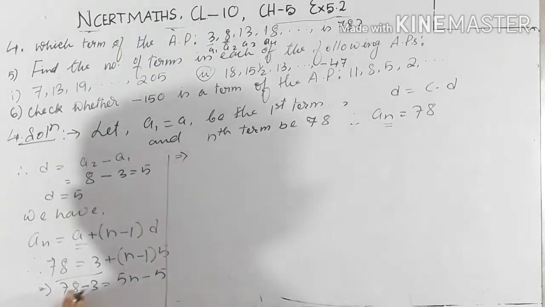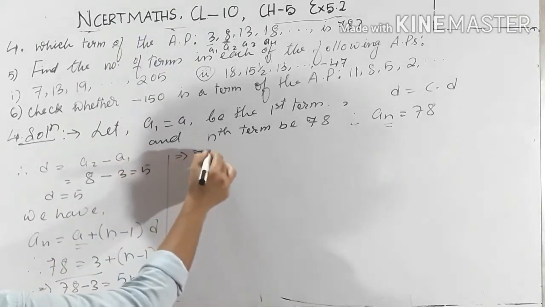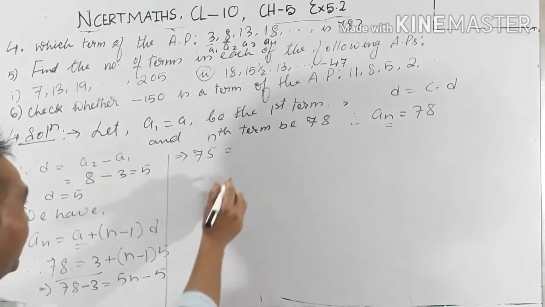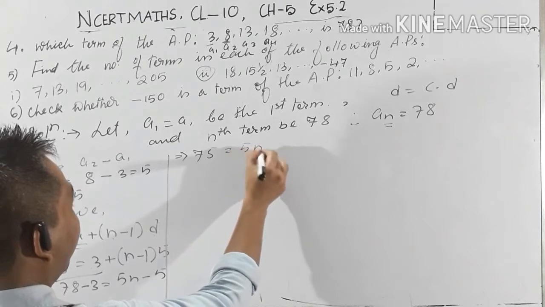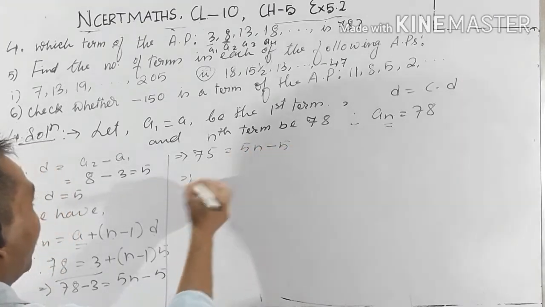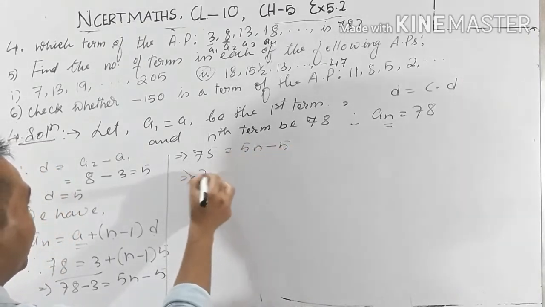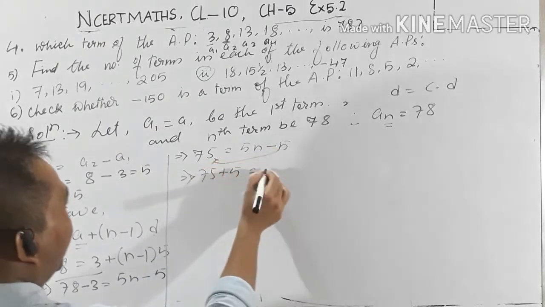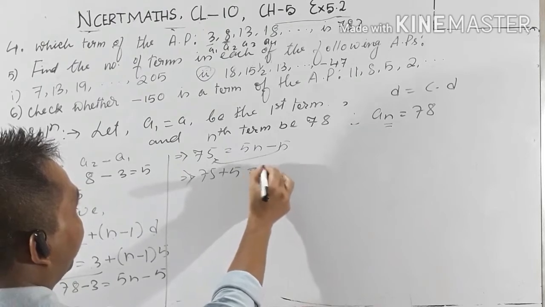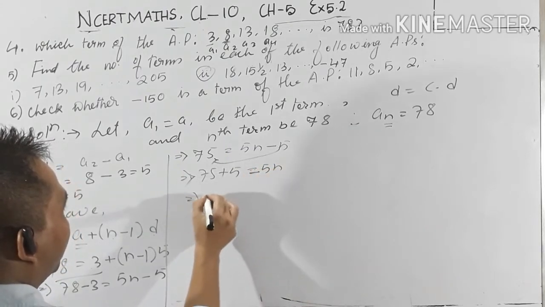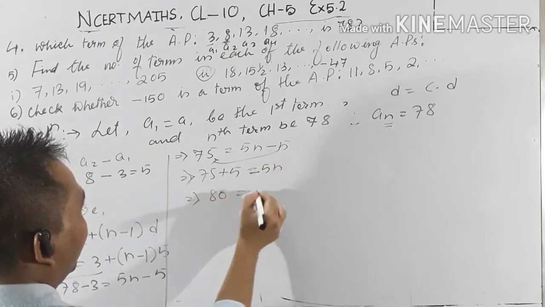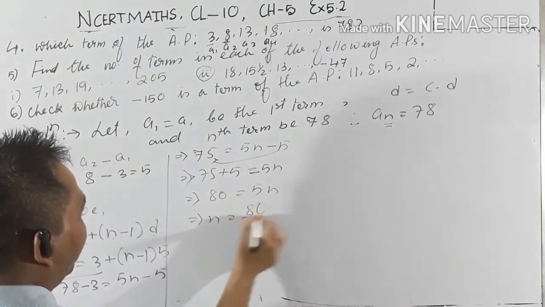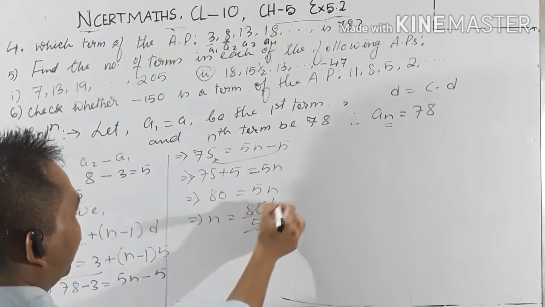That is 78 minus 3, that is 75, equals 5n minus 5. Again on transposing this minus 5, it will be plus, so 80 equals 5n, that means n equals 80 upon 5, that is 16.